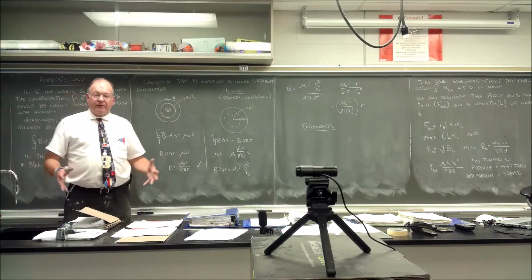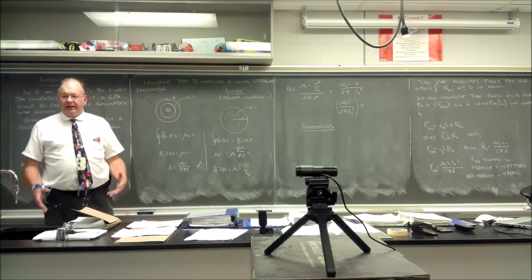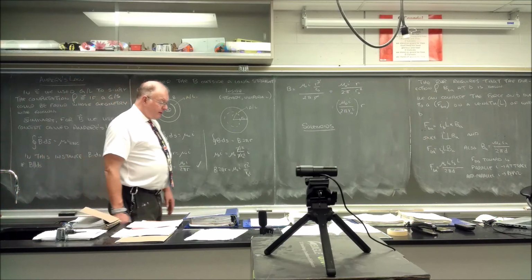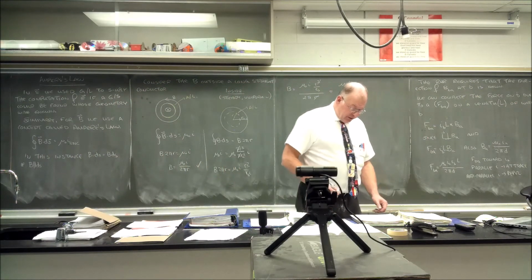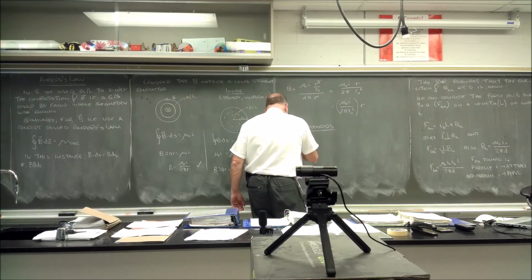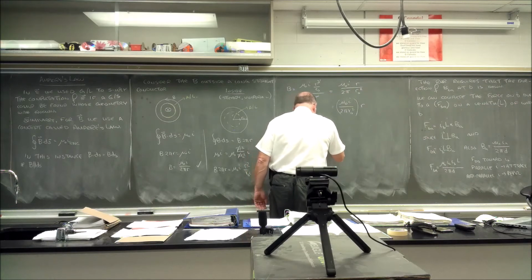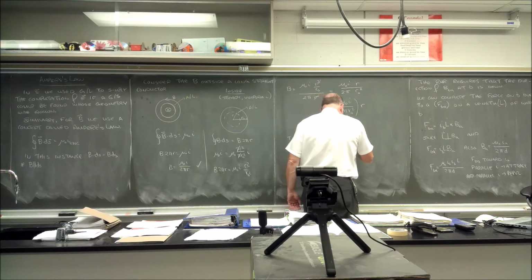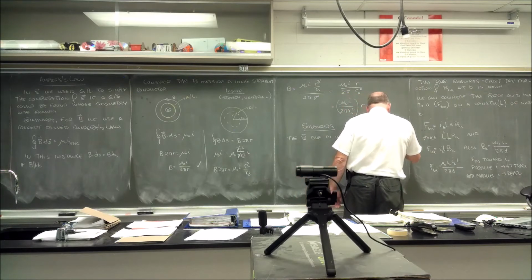You're still dealing with a micro Tesla. It's not a sensible field. It's not going to be able to do anything really for most applications in our situation. So the magnetic field due to a single wire is unimpressive.